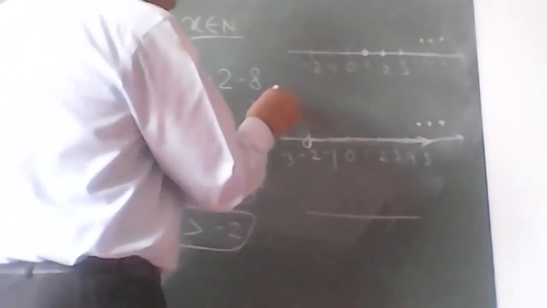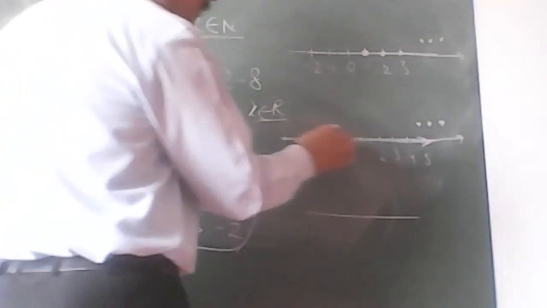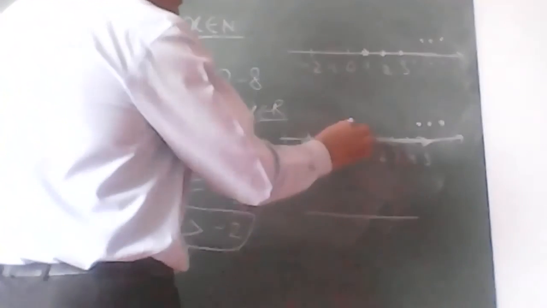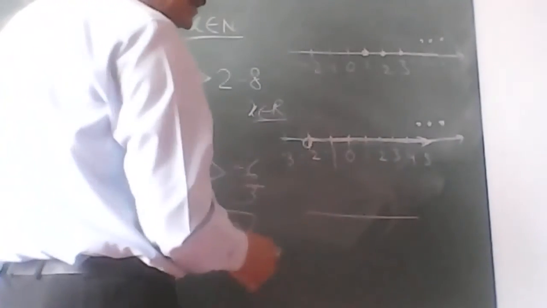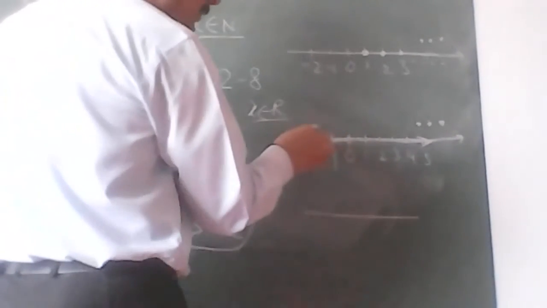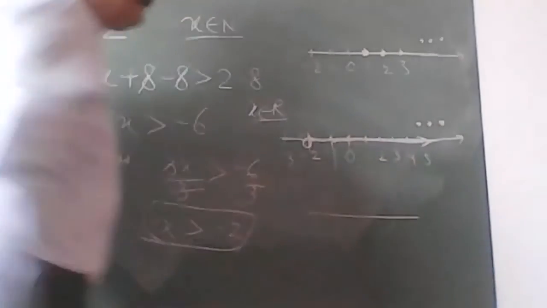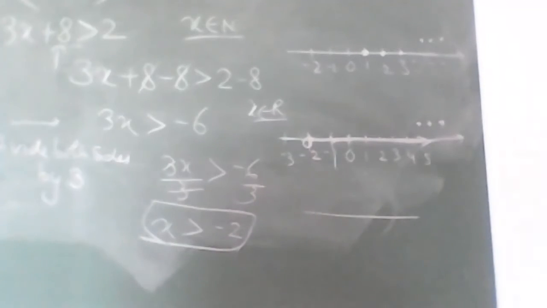Here x belongs to the real number because in between 0 and 1 or 0 and -1 also all the values will be included. So it will be like this. I hope the graphs are clear now. How do we represent them on a graph? Is it clear? Yes, sir.